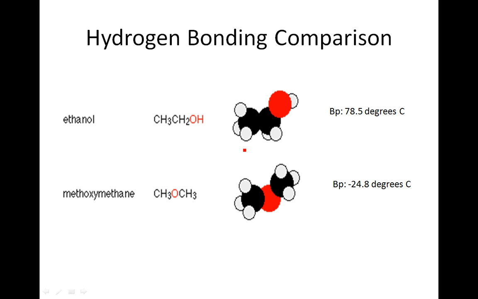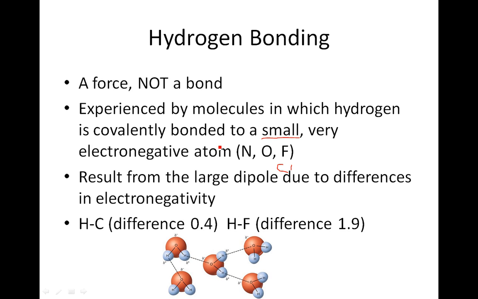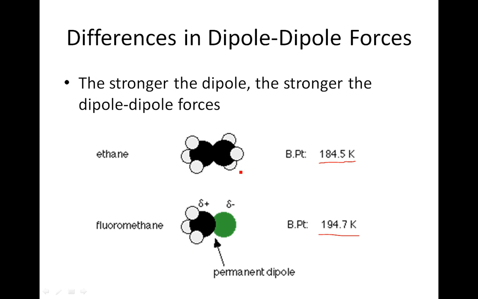But a huge difference is that in the ethanol, the hydrogen is bonded to an oxygen. And here, the oxygen is bonded to 2 carbons. And so the ethanol can experience hydrogen bonding between ethanol molecules. And if you remember, if we go back to here, when we were looking at differences in dipole-dipole forces, this is only about 10 degrees higher than this.